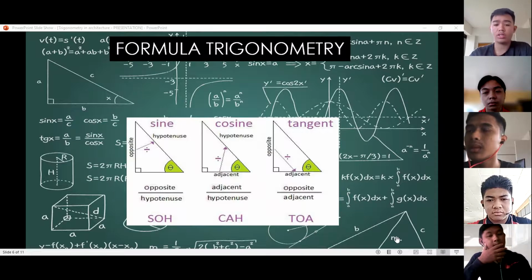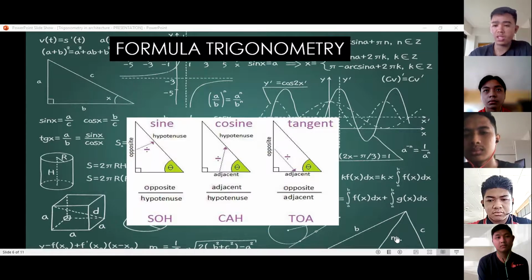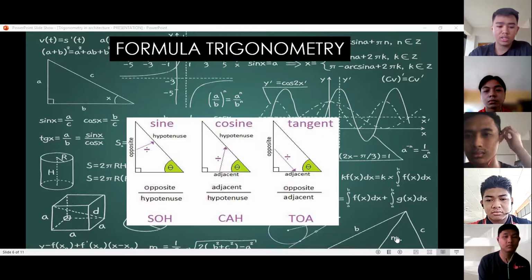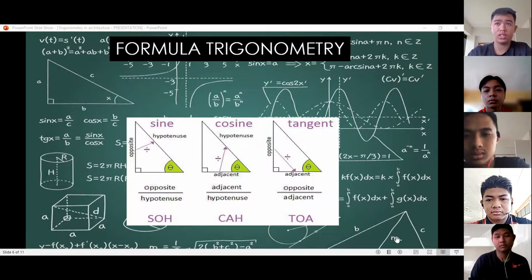However, not only the SOH, CAH, TOA formula, but we have another formula in trigonometry, and this formula is also divided into three terms: cosecant, secant, and cotangent. Cosecant theta equals 1 over sin theta, equals hypotenuse over opposite.